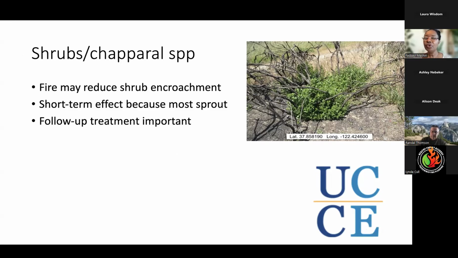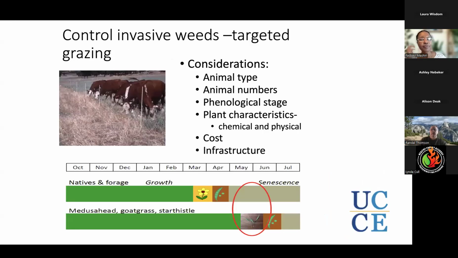So if you're really trying to control chaparral, the most important thing is, after you've knocked them back with the fire, use follow-up treatments to continue to at least reduce their fireability. Maybe use herbicides or use mechanical means, things like that.